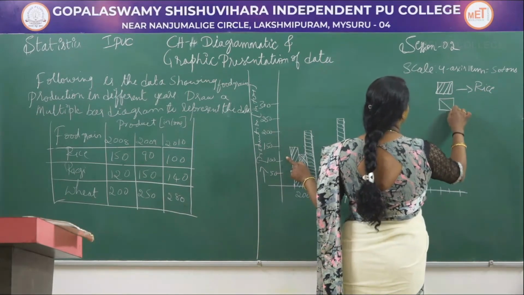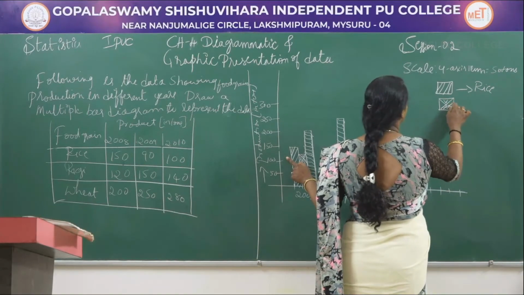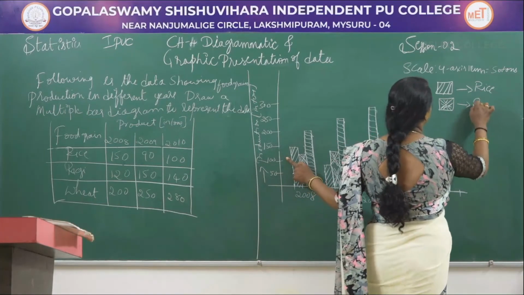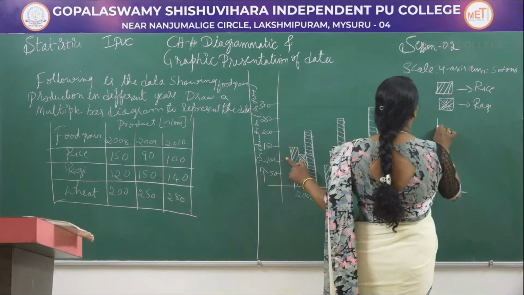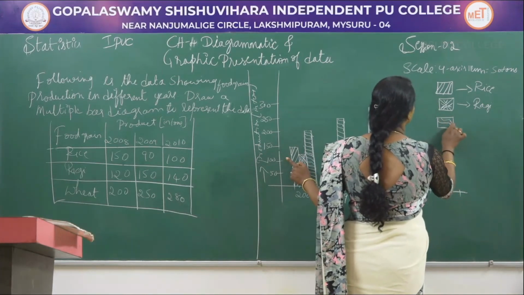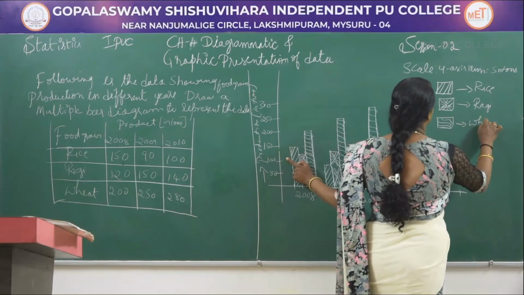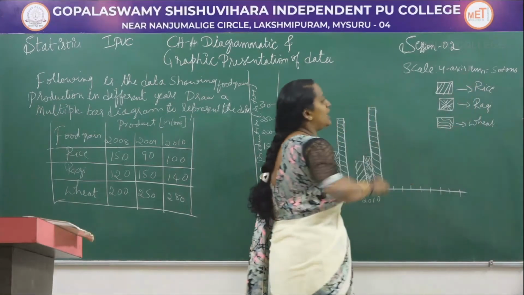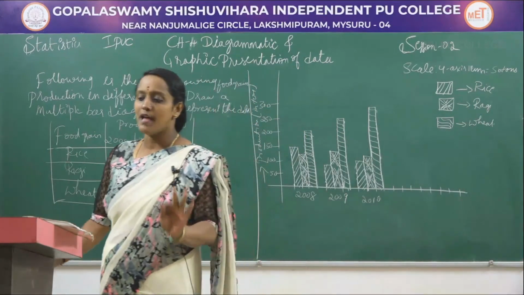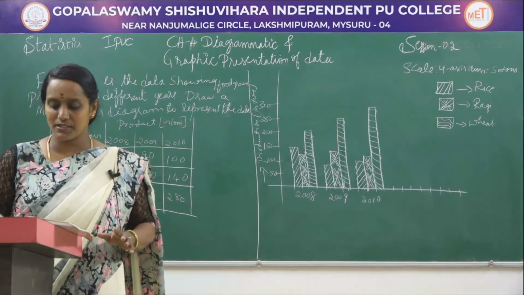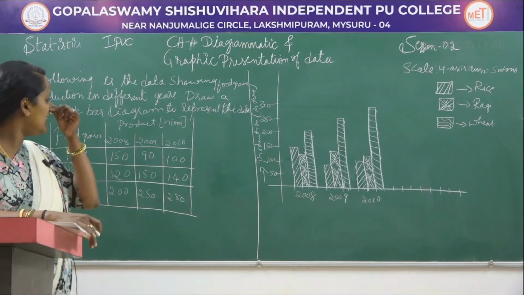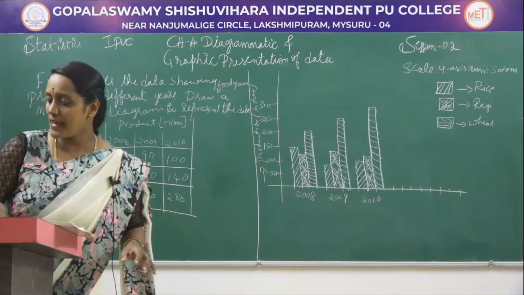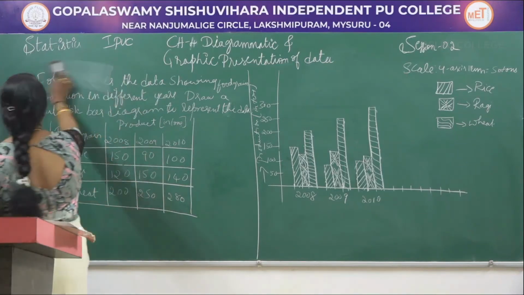The second shade is like this, and this is ragi. The third shade is like this, and this is wheat. This is about the index. So now the diagram is completed after writing the index. Next we will move on to another problem.